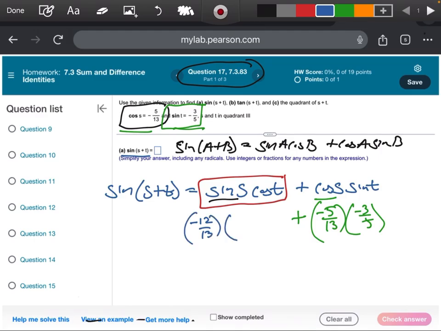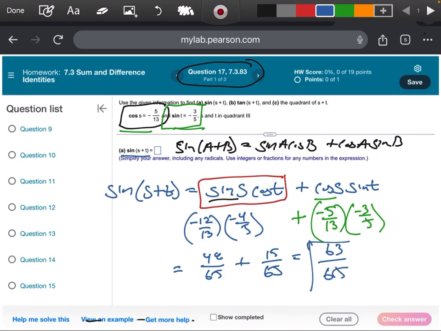Cosine of t was a negative 4 over 5, okay? So right here, that's 48 over 65, 15 over 65, that's 63 over 65. So we got that part. We know that the sine of s plus t is 63 over 65, okay?